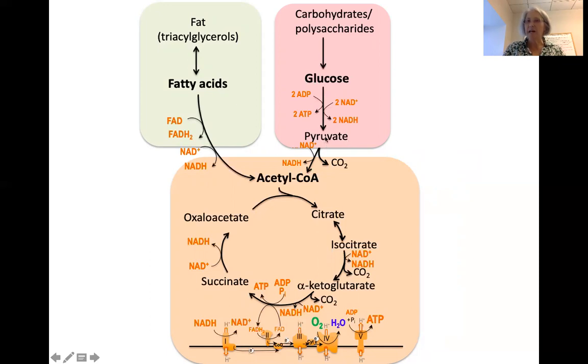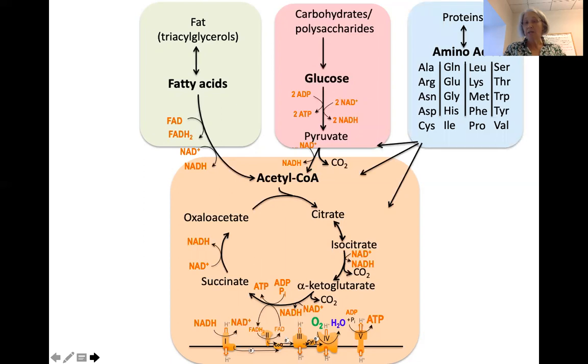Pyruvate can be oxidized by pyruvate dehydrogenase to make acetyl-CoA. We produce NADH in the process and lose a carbon dioxide, right? So this is also happening in the mitochondria, and the acetyl-CoA, those two carbons, get oxidized through the TCA cycle and the electron transport chain as well.